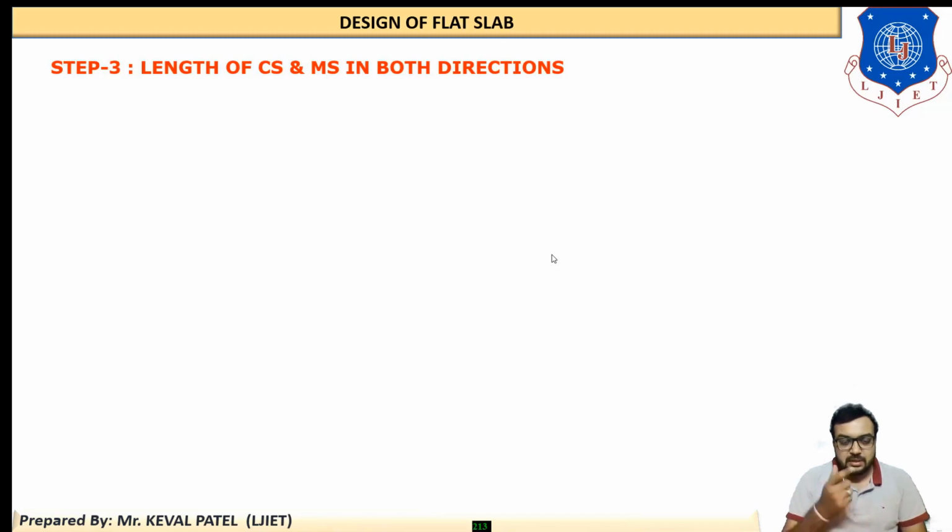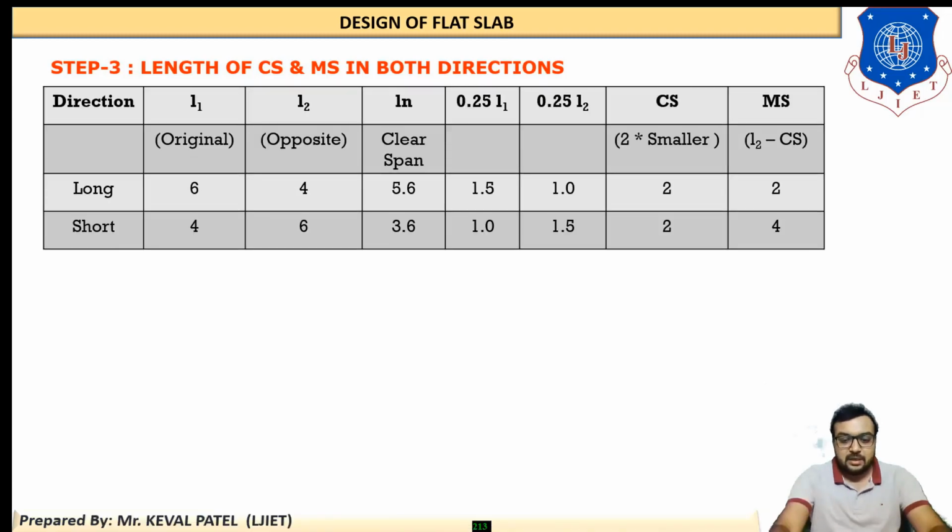So students, the length of the column strip and middle strip in both the directions will be found with the help of one table. This table is not given in the book. So let us start. In the first column it is written as direction.